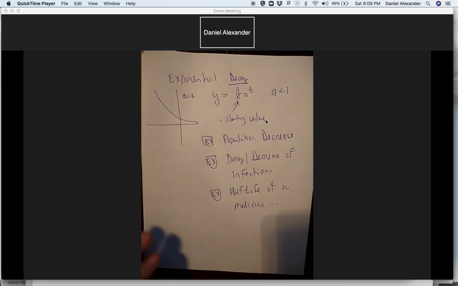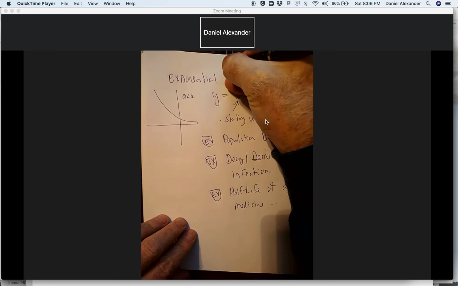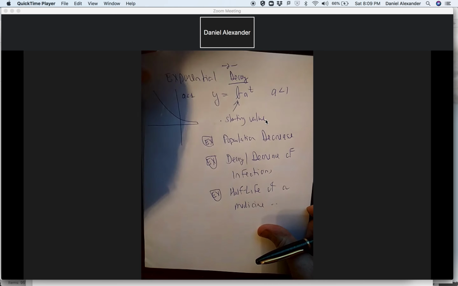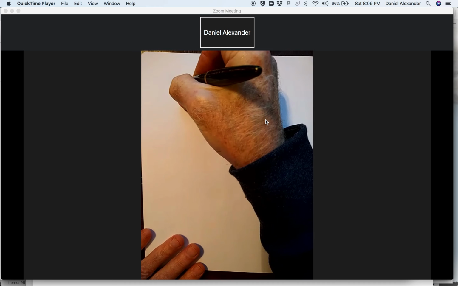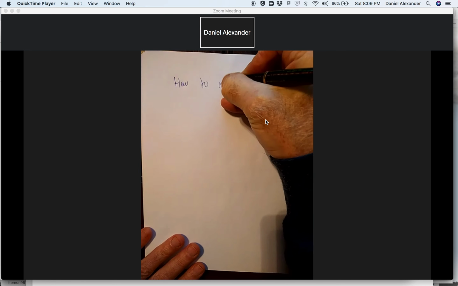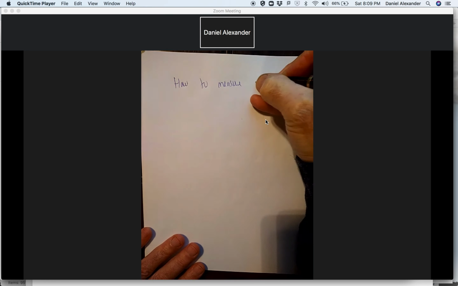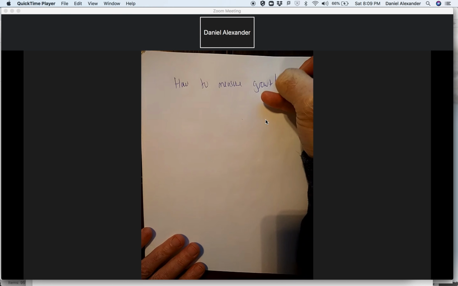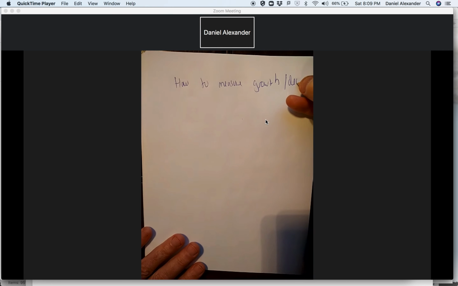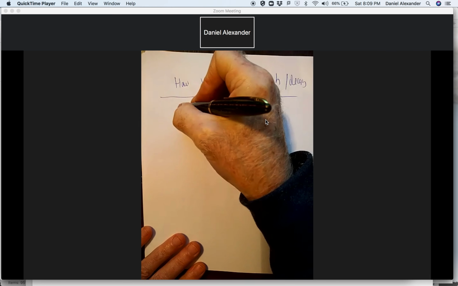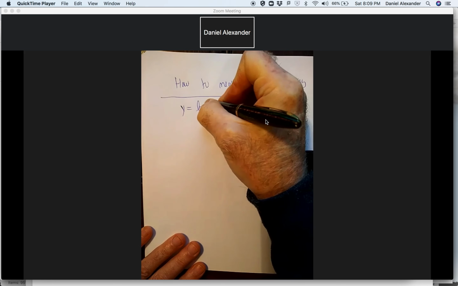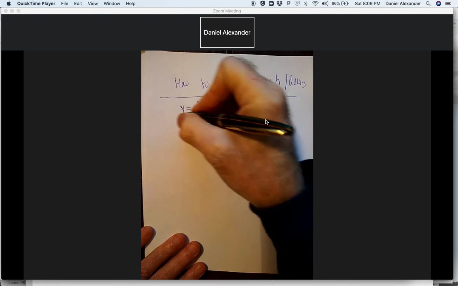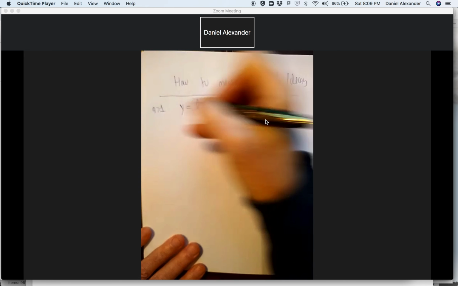The last thing I'm going to talk about in the theory is how we typically measure growth and decay. You remember that when you have exponential growth, a is greater than 1, so that means things are going to increase.